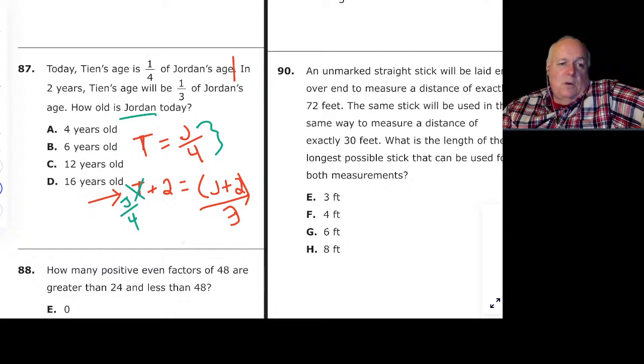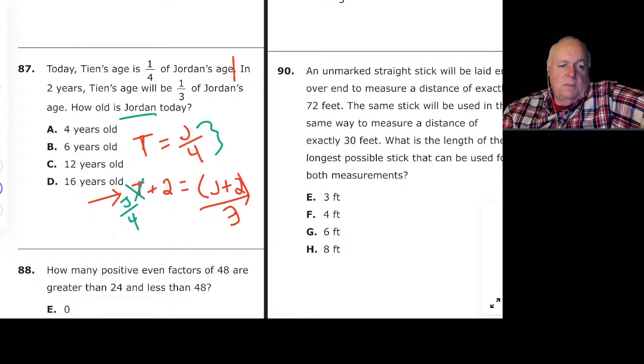So if I multiply the J over 4 by 12, I will get 3J. Yeah, that's sloppy. Wait a second. Right? 12 times J over 4. The 4 cancels into 12 and gives 3.